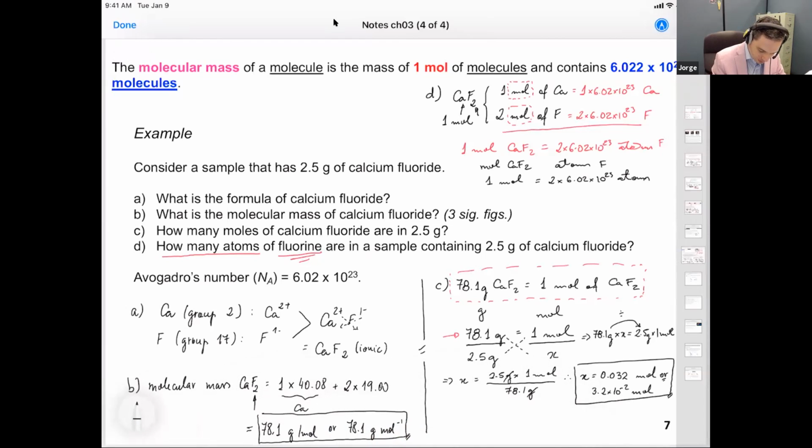And then let's divide by the information that we have. So 2.5 grams of calcium fluoride from item C, we know that this is 3.2 times 10 to the minus 2 mole. Okay, so this came from item C. And the question here is asking us how many atoms of fluorine are in the sample.